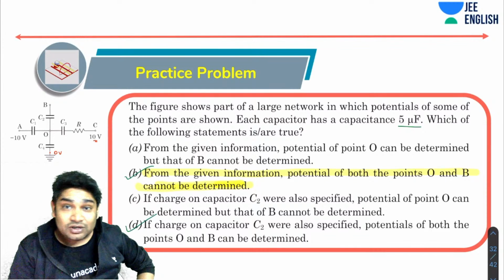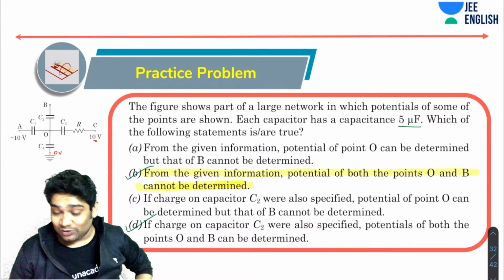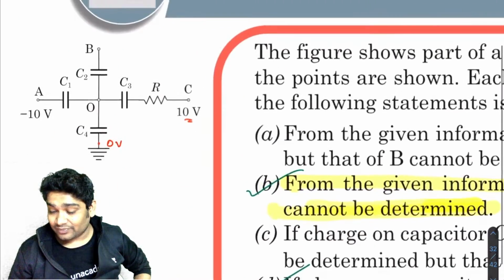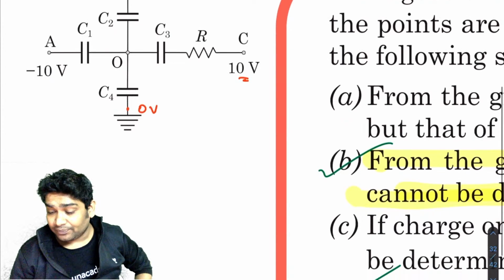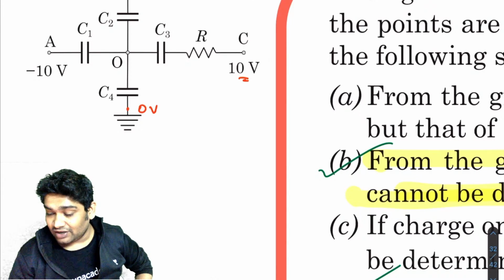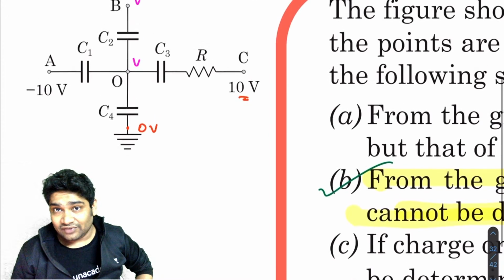Now, if the charge on capacitor C2 was known, then what could I do about that? Let's see what kind of equations I would have formed. If I assume the potential here is V and the potential here is V dash, I would have gotten these different equations.